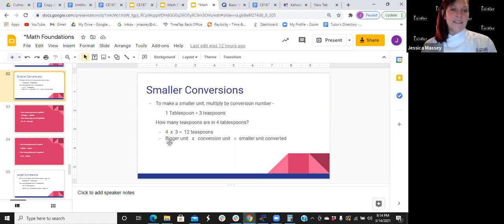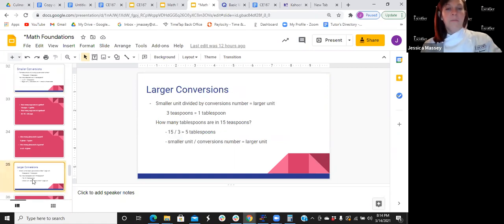And so again, same principle, but the opposite way, how many tablespoons are in teaspoons? So this question's asking you basically how many tablespoons is what we're looking for. Your final answer will be in tablespoons. So your tablespoons are bigger than your teaspoons.